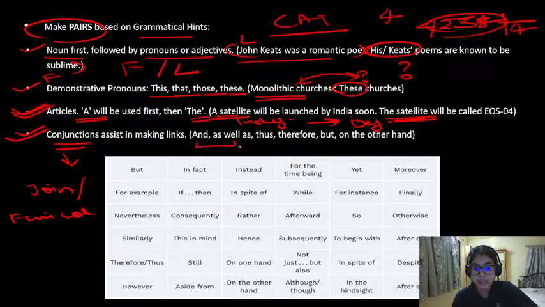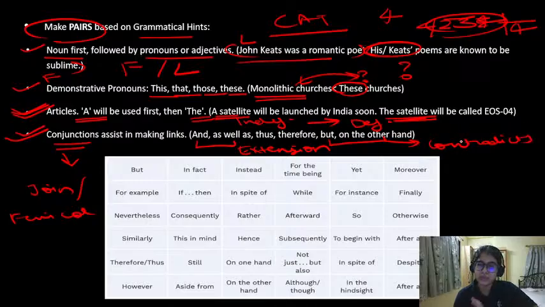And और as well as extension का रिश्ता करते हैं. जैसे I like reading and writing, it extends the previous point. But or on the other hand contradicts the previous point. I like reading but I don't like writing, so it contradicts whatever has been said before. So these will also help you find pairs.